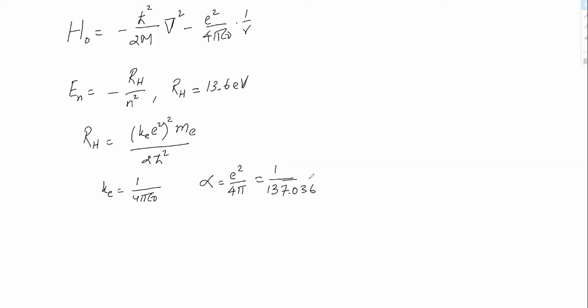If you want to be a bit more realistic, this will turn out to be e square by 4 pi epsilon naught h cross c. In general I write 4 pi, but if you stick to all the units, this is what we call natural units.